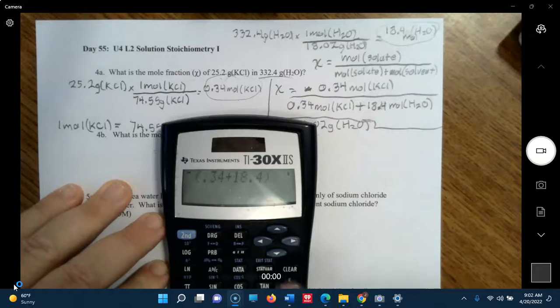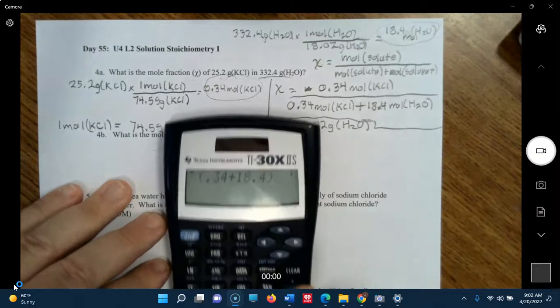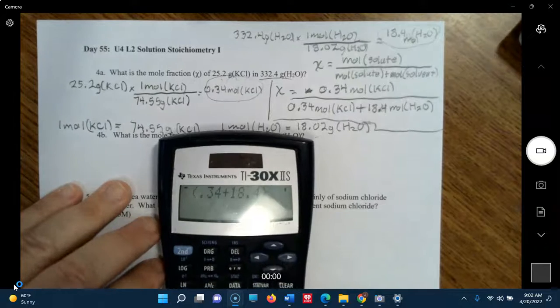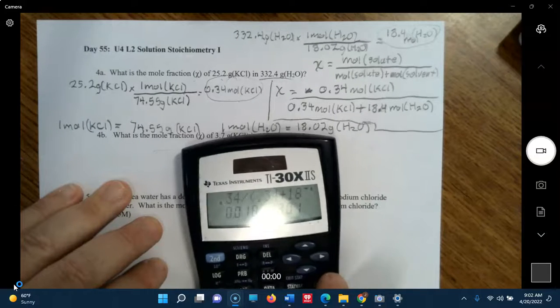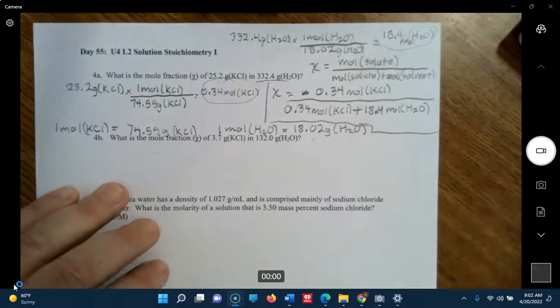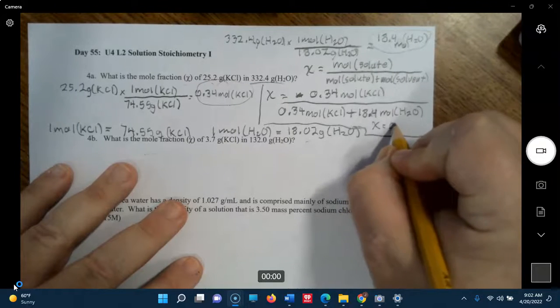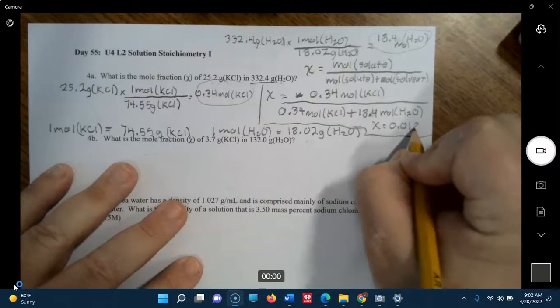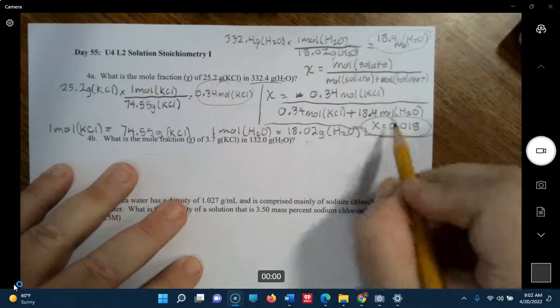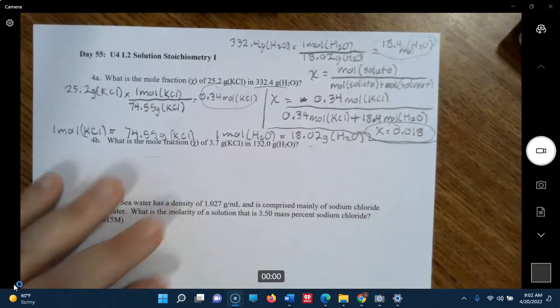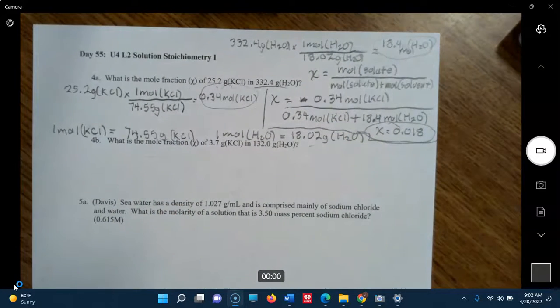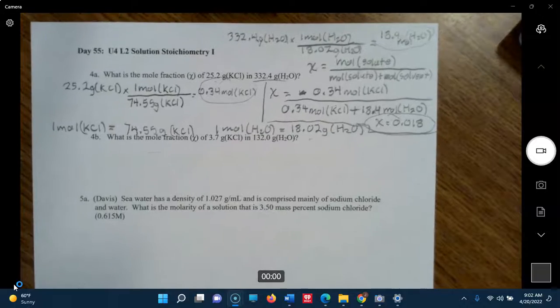Close parentheses. So PEMDAS says you're going to do the parentheses first and then do the division. And when you do that, you get 0.018, okay? So that's chi equals 0.018. It's dimensionless. It has no units of measure because moles cancels out, okay? It's just called a mole fraction even though it's a decimal number.